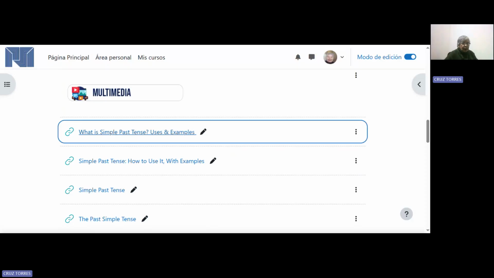The simple past is one of the most straightforward tenses in the English language, but you need to know a few rules to master it. Keep reading as we explain what the simple past tense is and how to use this structure.